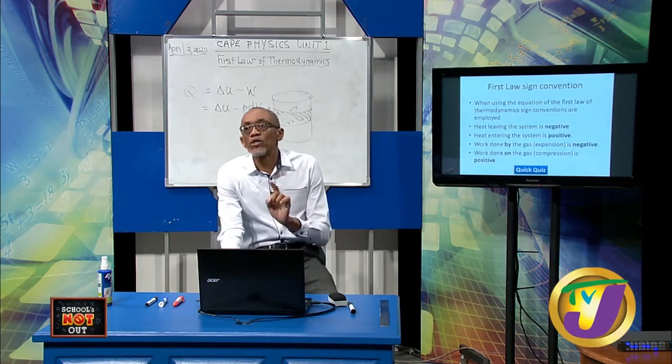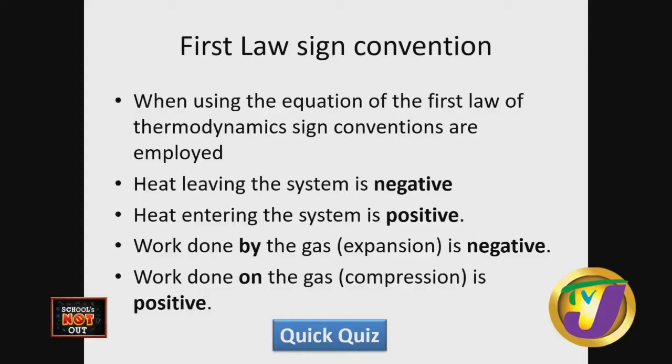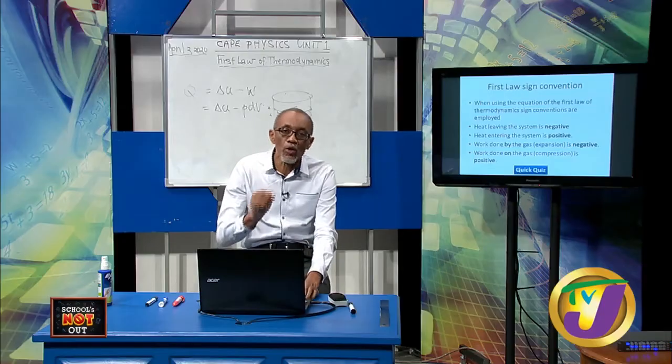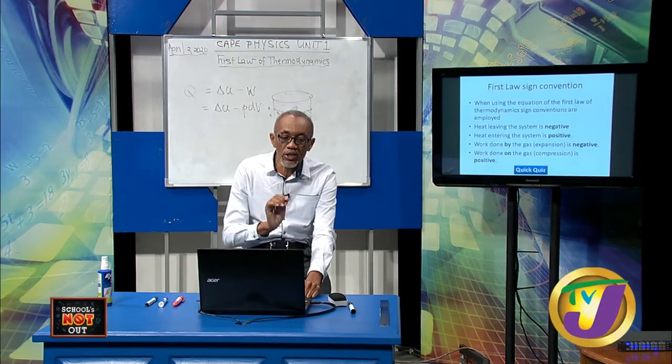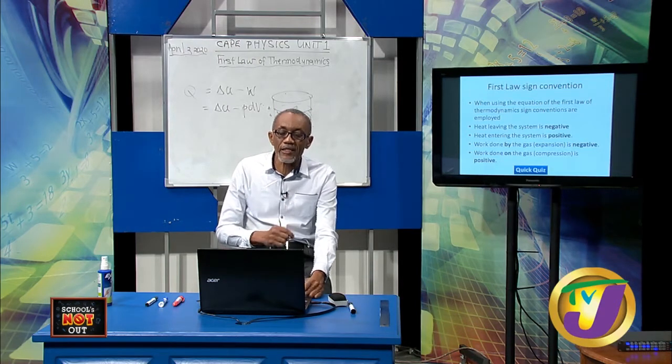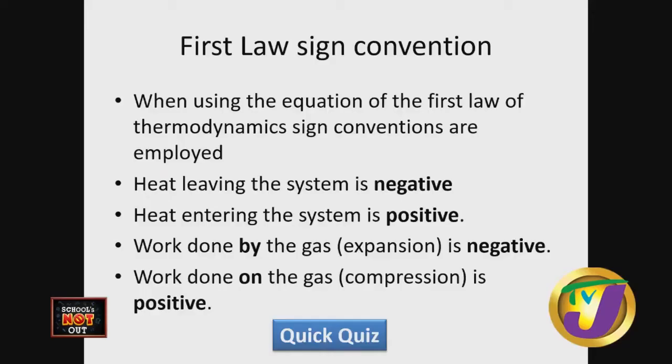Now, when we're going to use the first law of thermodynamics, we have a sign convention that we use. All right? And we have to be consistent with the sign convention, or else we're going to get ourselves into a lot of problems. So you must be consistent. And so what the sign convention says is that any heat that is leaving the system, we assign negative, and any heat entering the system, we assign positive.